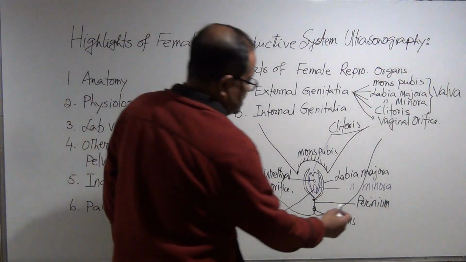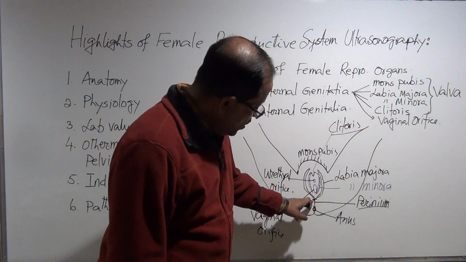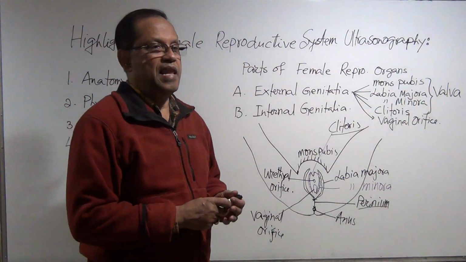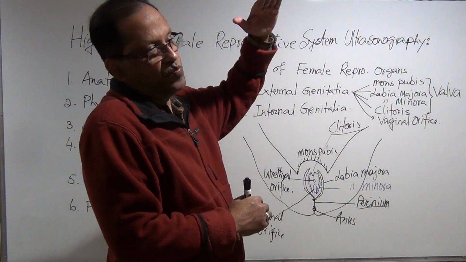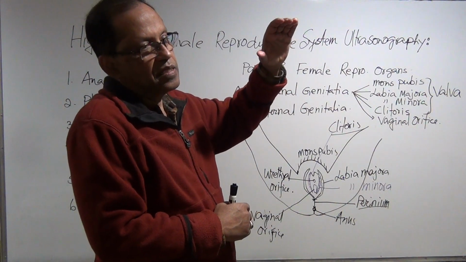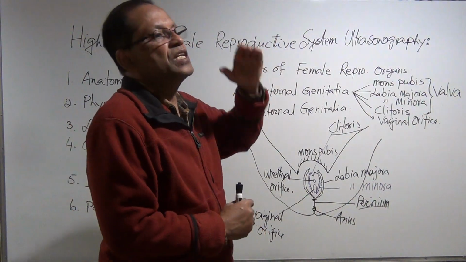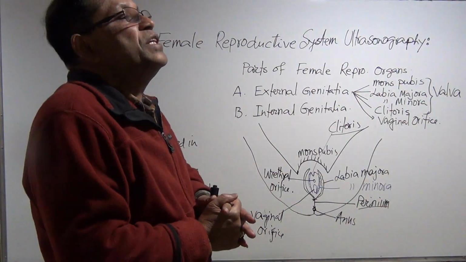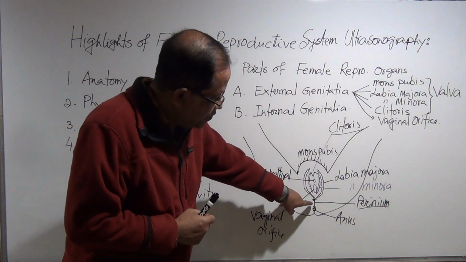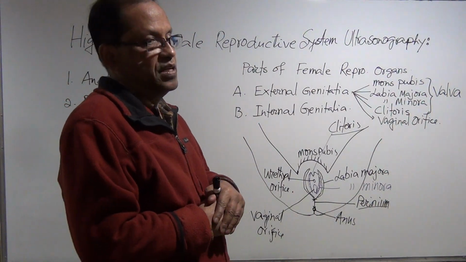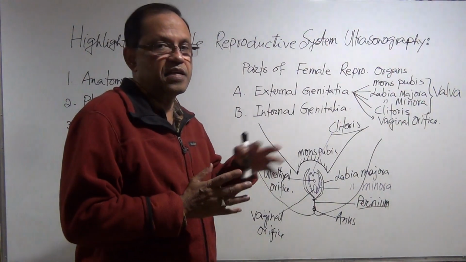Okay? And this area, the perineum, is a very important area, because when we do a translabial or transperineal exam to see the lower uterine segment, from the isthmus, cervical canal, internal os and external os, and vagina, for certain disease evaluation, then we use transperineal ultrasonography, because transvaginal ultrasonography is contraindicated at that time.